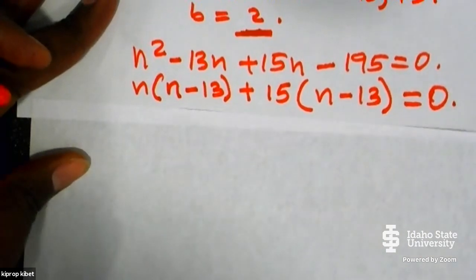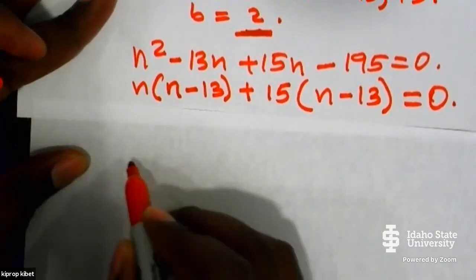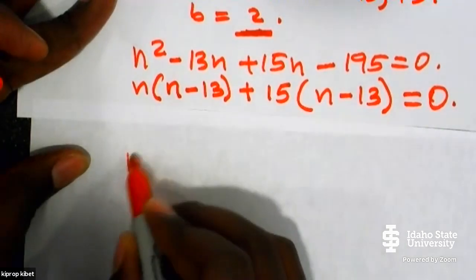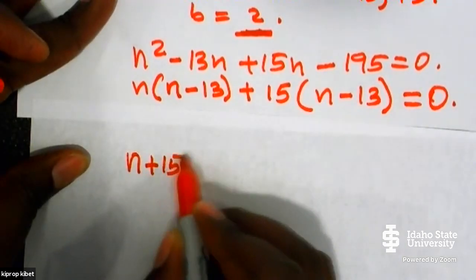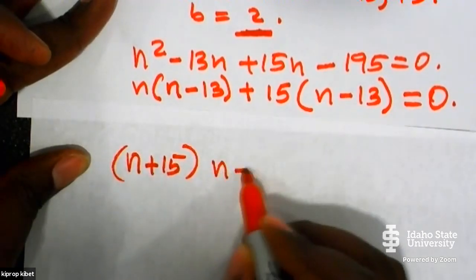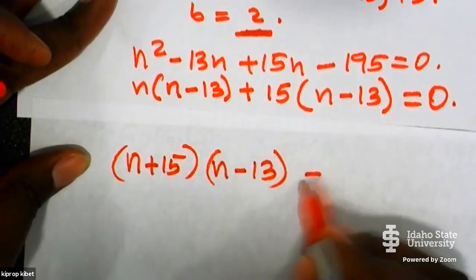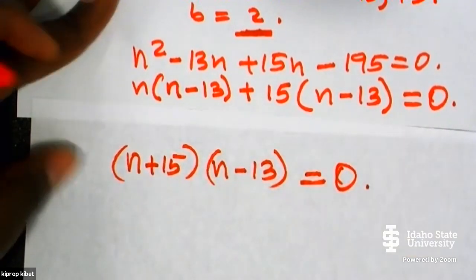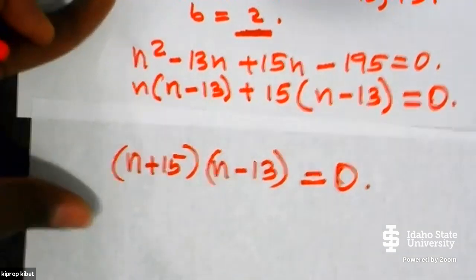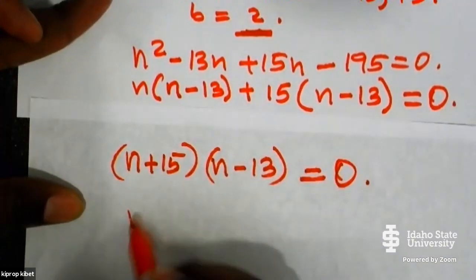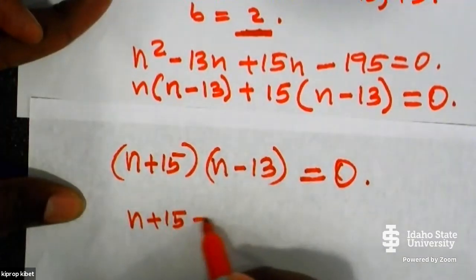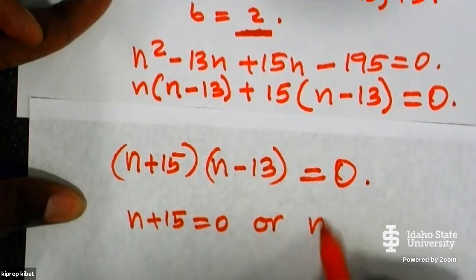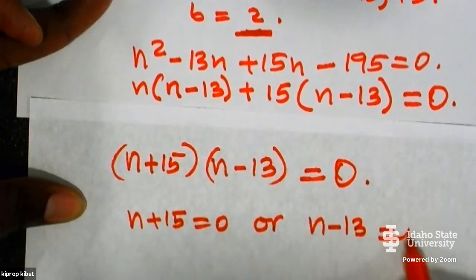Okay. So what are the factors? So we have n plus 15 and what? N minus 13 equals to what? Equals to 0. So using the zero property, then n plus 15 equals to 0, or n minus 13 equals to 0.